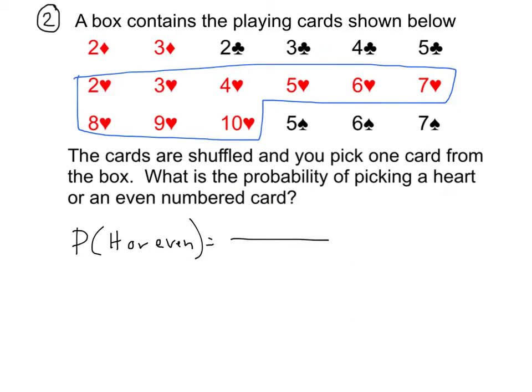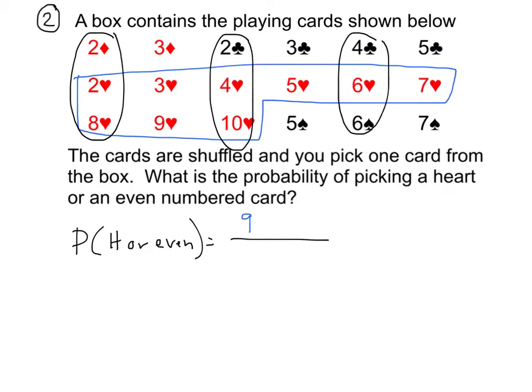That's 1, 2, 3, 4, 5, 6, 7, 8, 9. So we've got 9 hearts. And then how many evens do we have? Well, let's see. I've got 1, 2, 3, 4, 5, 6, 7, 8, 9. Did I miss any evens? 1, 2, 3, 4, 5, 6, 7, 8, 9. So there's 9 evens. Okay?